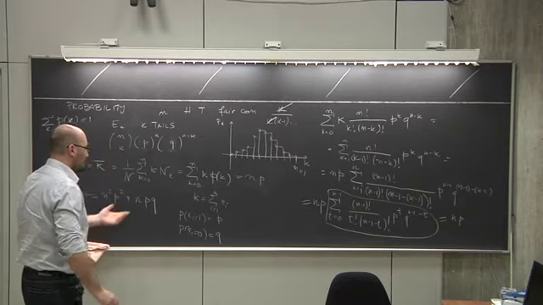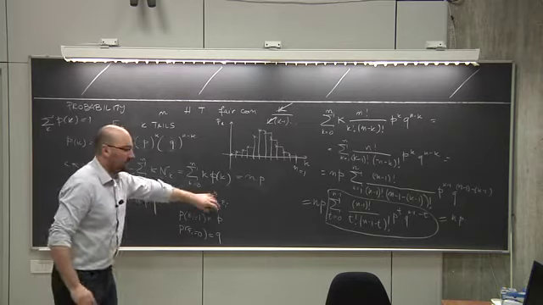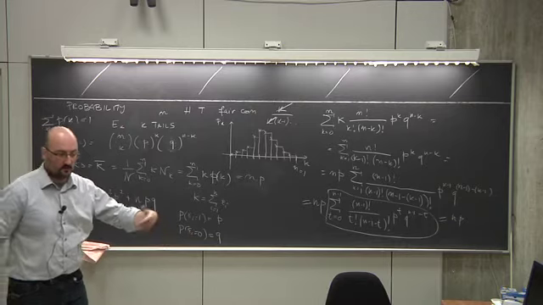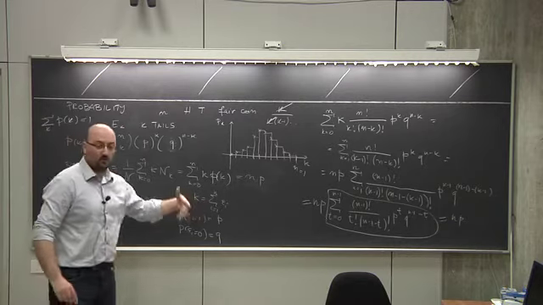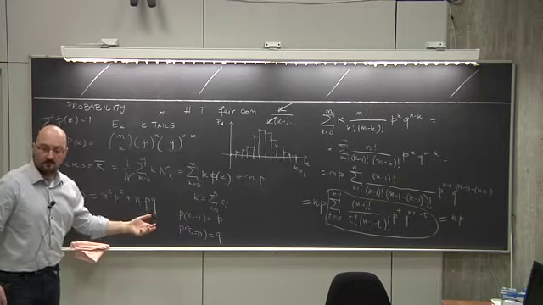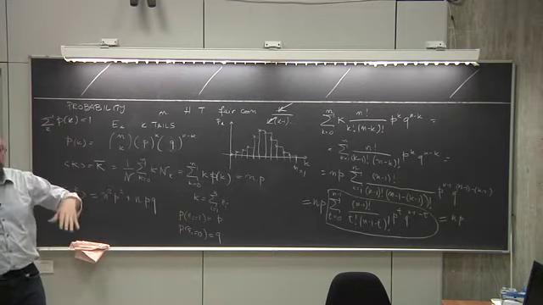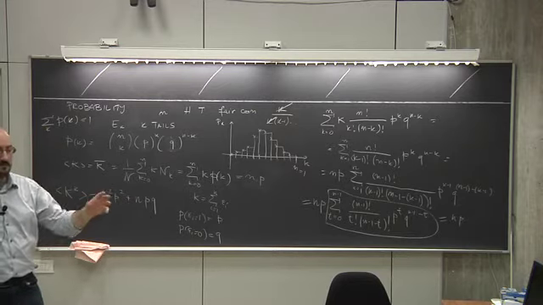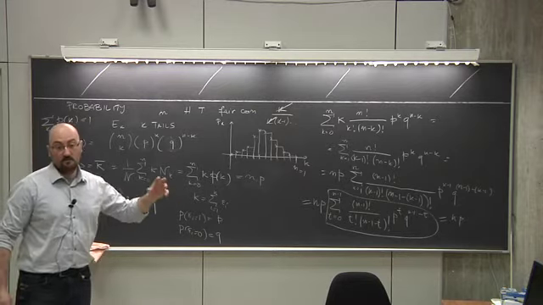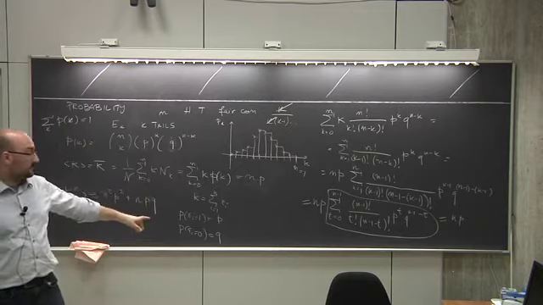I'm showing you this because it will be relevant for the statistical mechanics part, because these can be occupation numbers. An energy level might be empty or full, and the statistics will be dictated by the distribution of the epsilon.